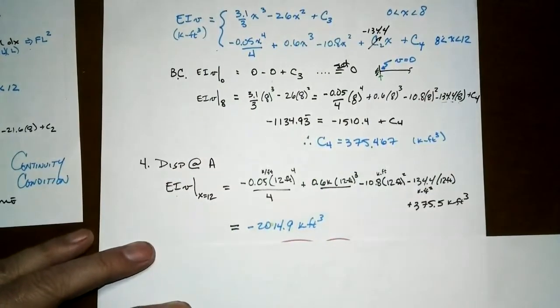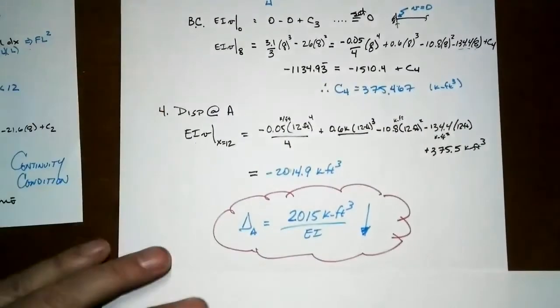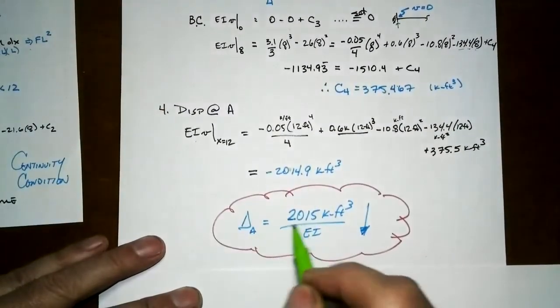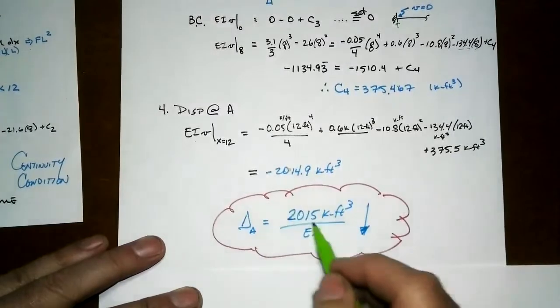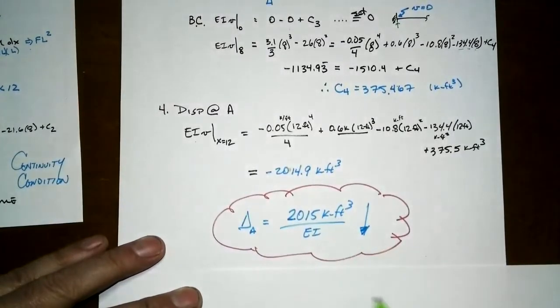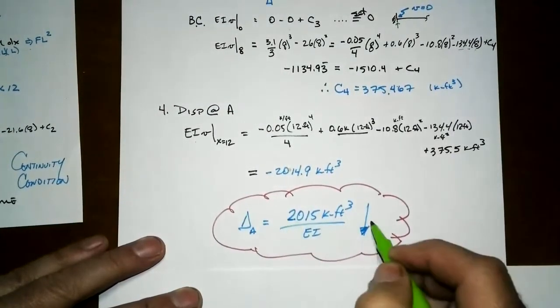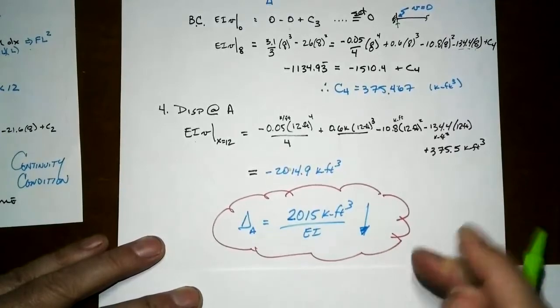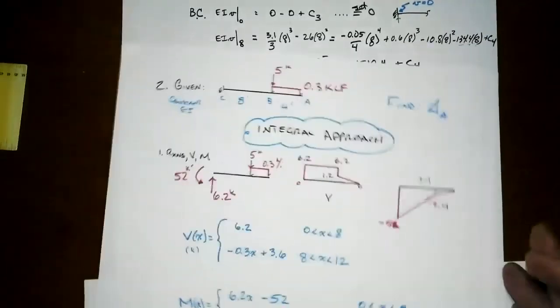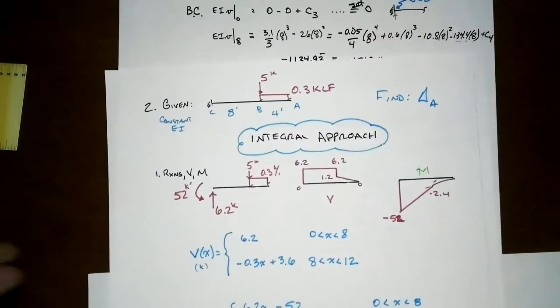That's EI times the displacement. We really want just the displacement itself, so we're going to take that number and divide by EI. There's our units that we've been working through, and I got rid of the minus sign and just showed the arrow, the direction of which way this would go, which should be pretty apparent.